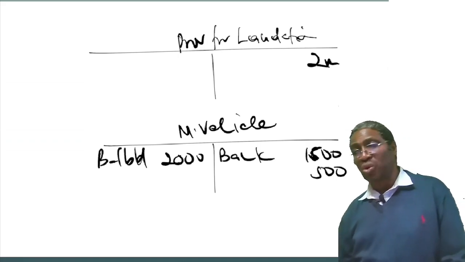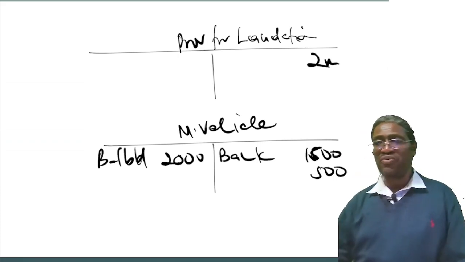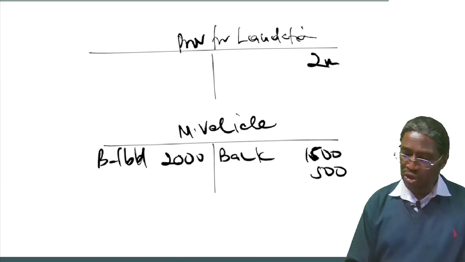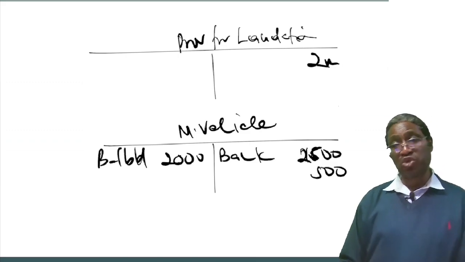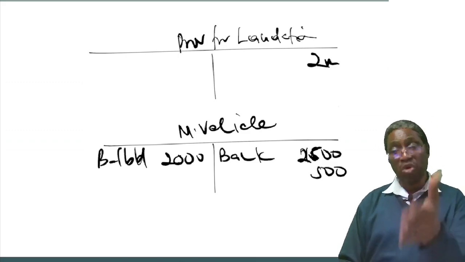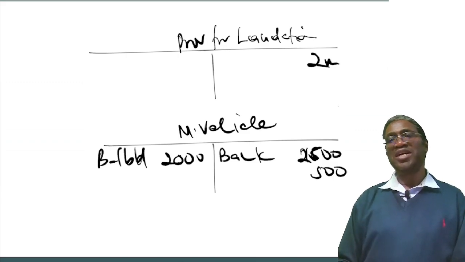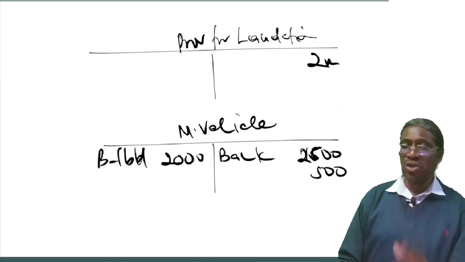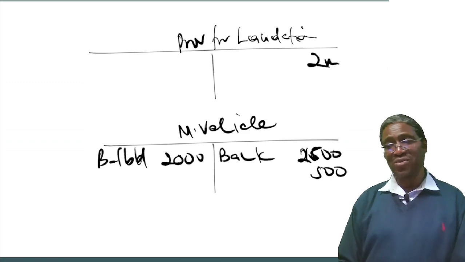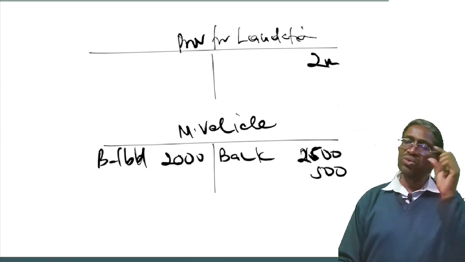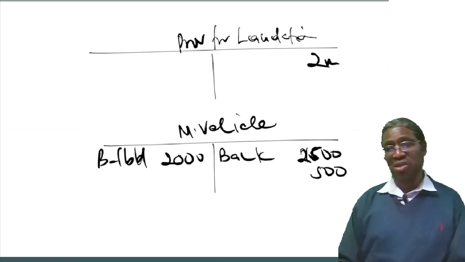Otherwise, if you sold that motor vehicle for 2.5 million when it had a book value of 2 million, then you must have sold it at a gain of 1 million. That gain, we are saying, take it to the realization account.